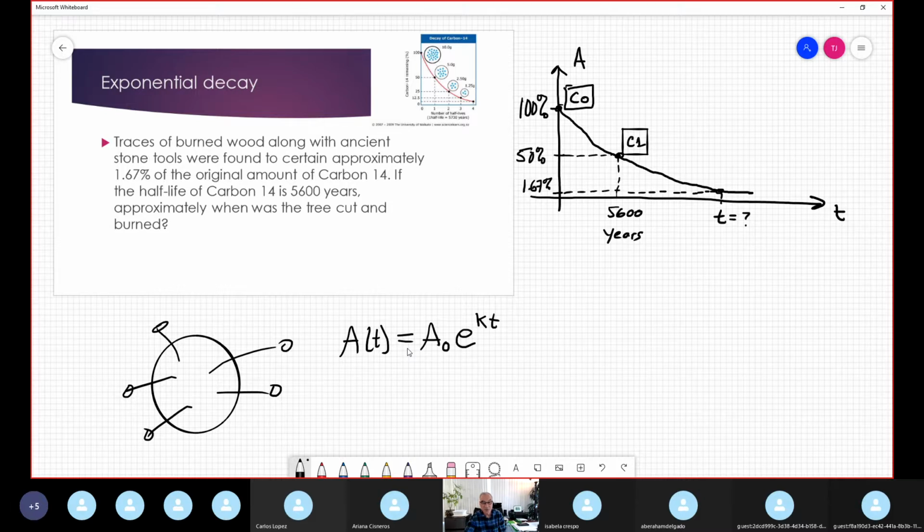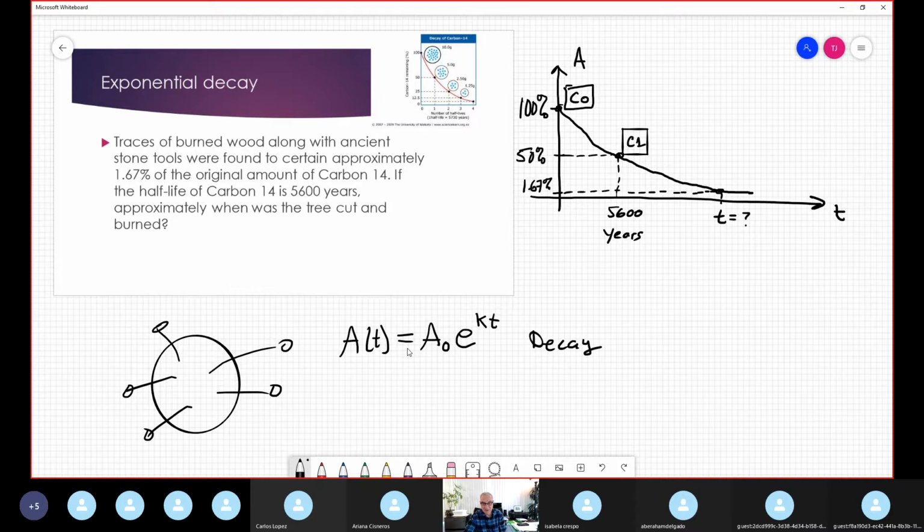What is the only difference? The only difference is that this is a decay problem. If it's a decay problem, now k is negative. I don't put the negative here, because when I manipulate the problem, you discover that k is negative.